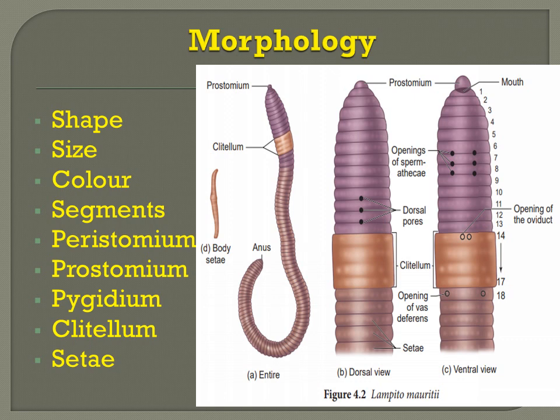Okay. Then next one is regarding the peristomium. The peristomium is nothing else, it is the mouth of this earthworm. The mouth is present in the first segment. Can you notice there, the first segment? In the center region of this first segment, the mouth is present.